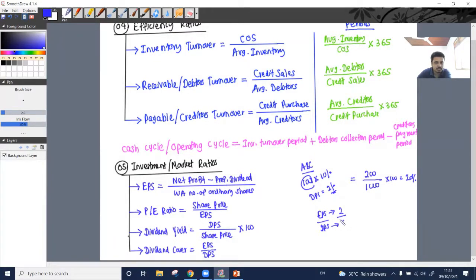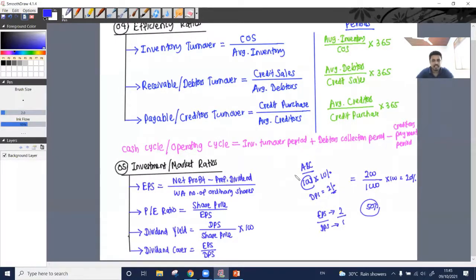It means that if the company earns 100, 50 will be declared as dividend. They will declare 50% of what they earn as dividend. That is dividend cover.